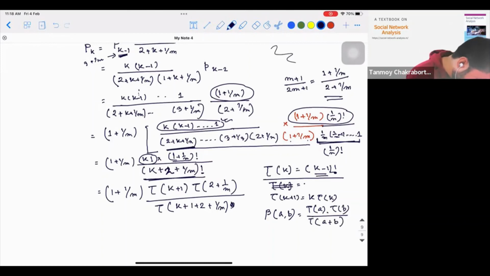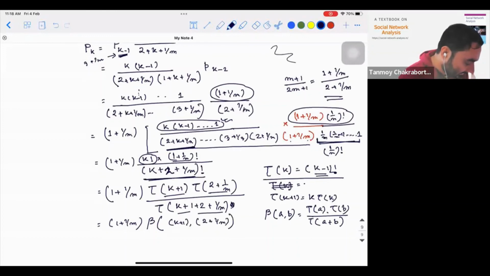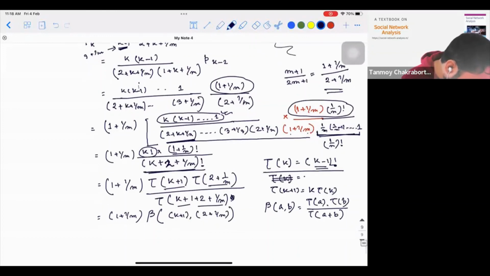This is so interesting, right? This is 1 plus 1 by m. You see here gamma a times gamma b by gamma a plus b. So this is essentially beta, right? k plus 1, 2 plus 1 by m. So there is another property in the asymptotic limit, right?